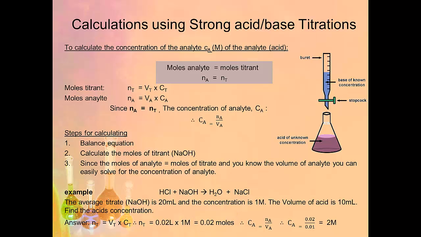And the volume of the acid was 10 millilitres. So we know now that we can take our 0.02 moles and divide that by 0.01 litres, 10 millilitres, and that means our acid must have been 2 mole per litre concentration. Okay, so 2 molar acid concentration.